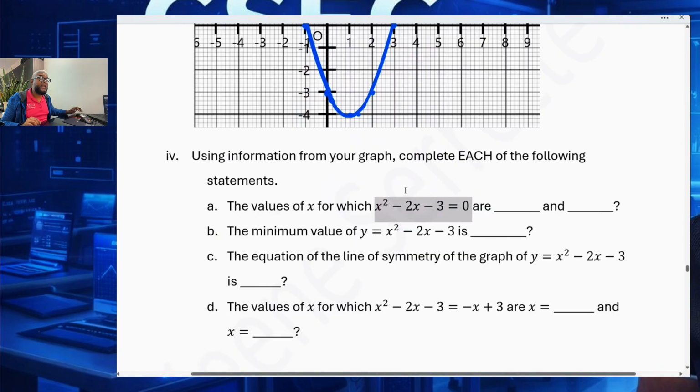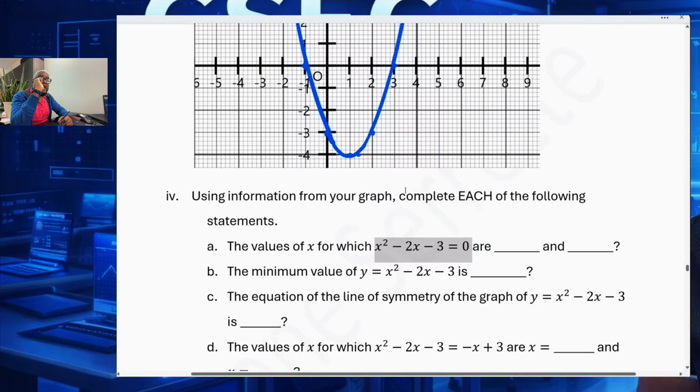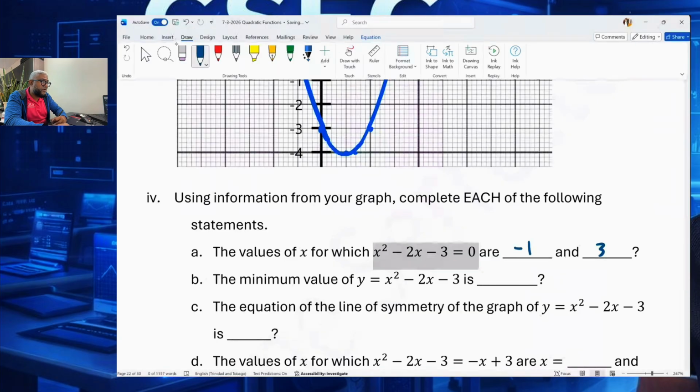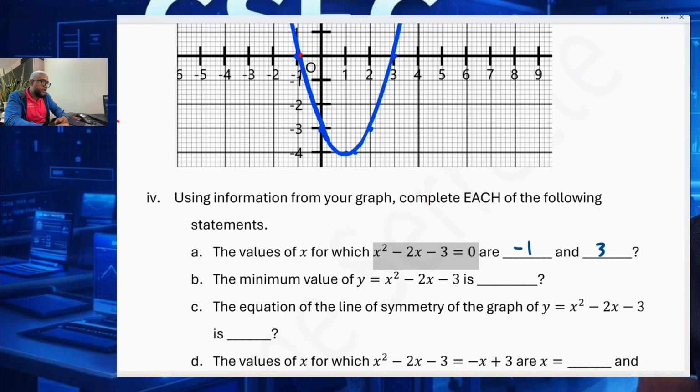What are the x coordinates of the 2 points where our curve is cutting through our x-axis? Look at right here. -1 and 3. For those who have not seen it, let me highlight it right above here. We're talking about these two coordinates, -1 and 3. That is where my curve is cutting through my x-axis.